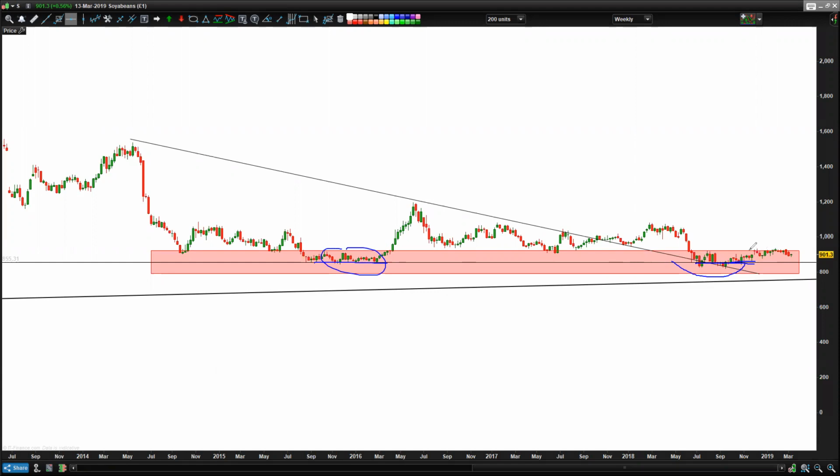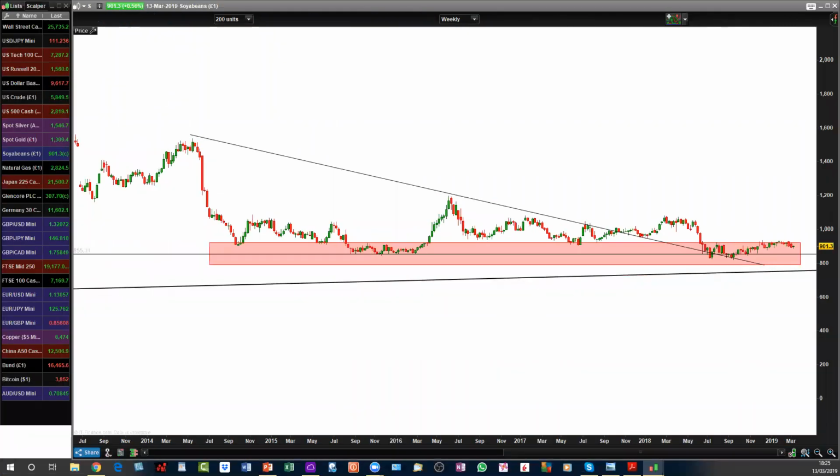So we've hit the top of this zone and pulled back, but if we can break out the top of this zone, then I would expect to see $10 and ultimately $12. Okay, that's just a bit about the setups and analysis I use. Right, let's get back to scalping.